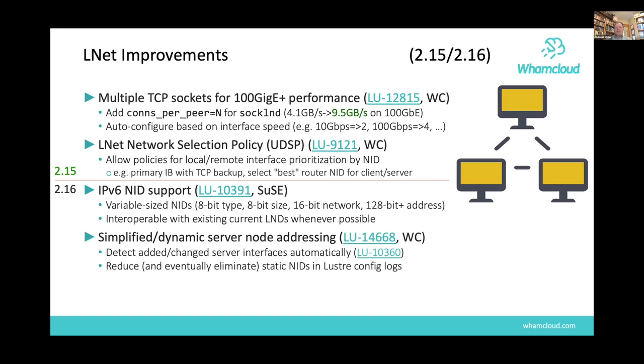And that not only makes it easier to have dynamic addressing, if you have, well, heaven forbid, DHCP on your servers, but also you're able to mount a target on any server that can access the storage, and then you don't have to pre-configure the NIDs. And so that should simplify the administration.